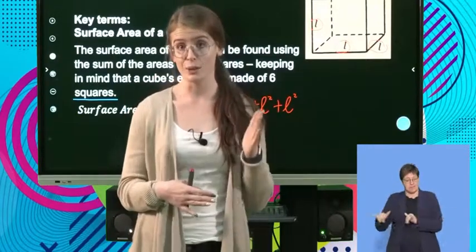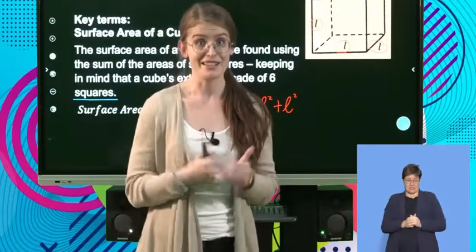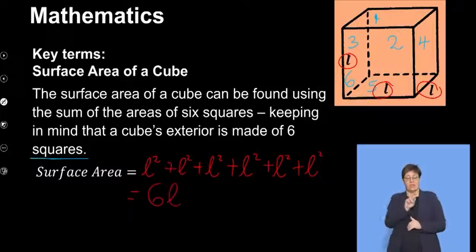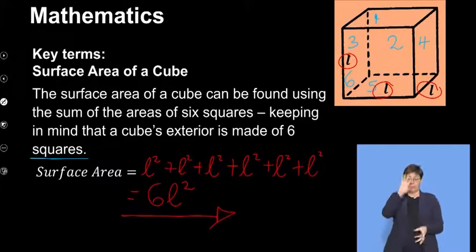So I have L squared 6 times. Let's go back to the board. So this is going to be equal to 6L squared. So the total surface area of a cube can be calculated by taking 6 times L squared. Let's have a look at the next slide.